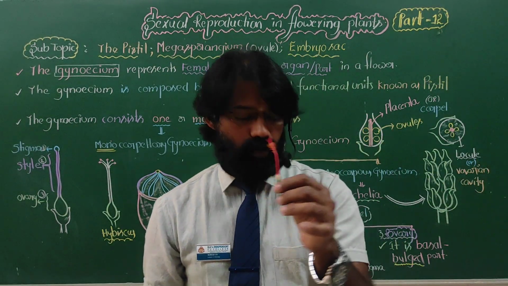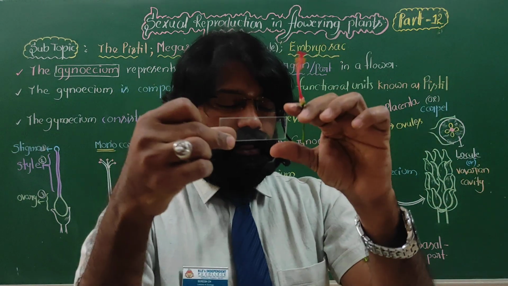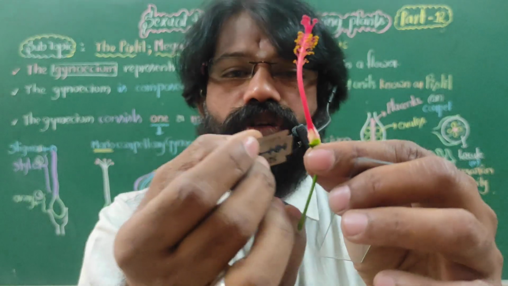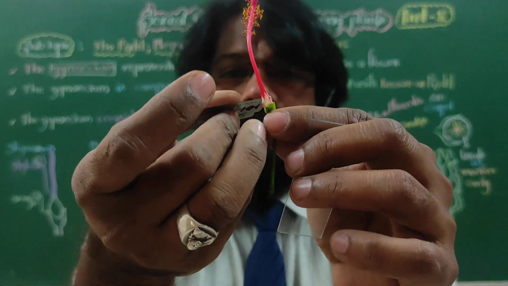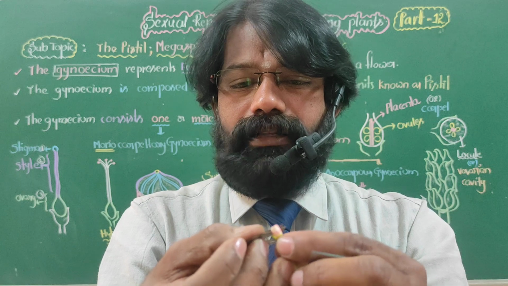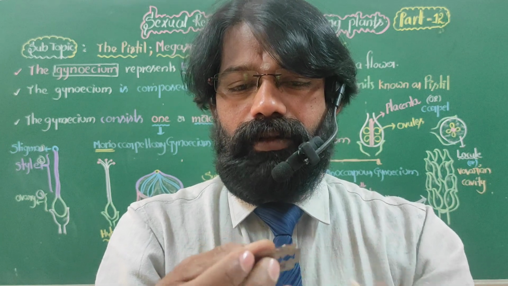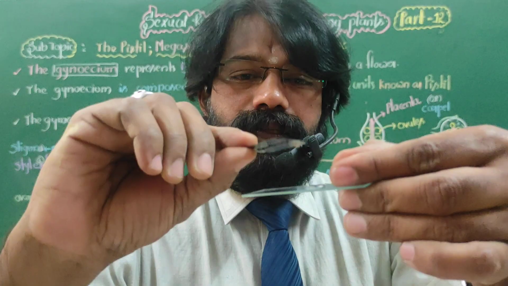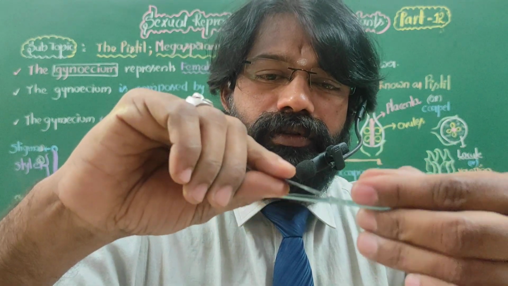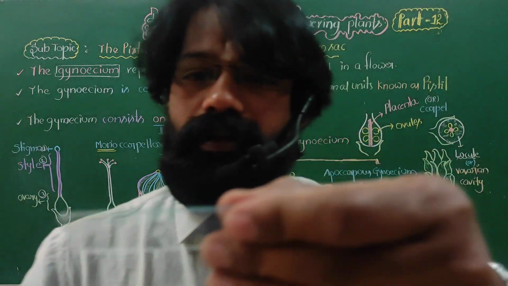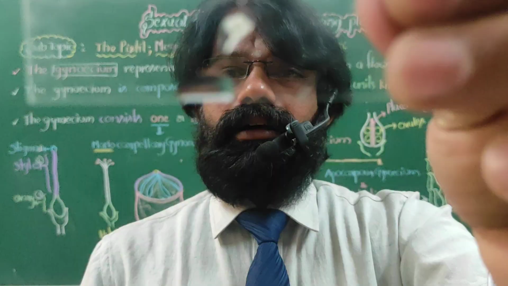If you want to see the gynoecium structure, you need to take a curved slit and a blade, and take a small transverse section of the swollen part. Take a very thin transverse section, put one drop of water on the slide, transfer the slice onto the drop of water, and see this under the microscope.